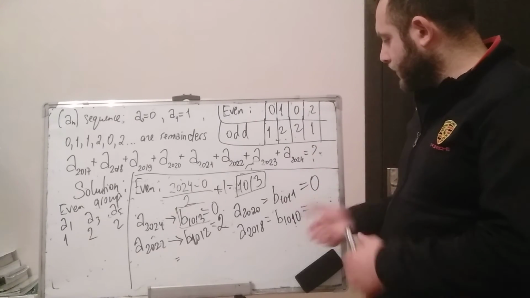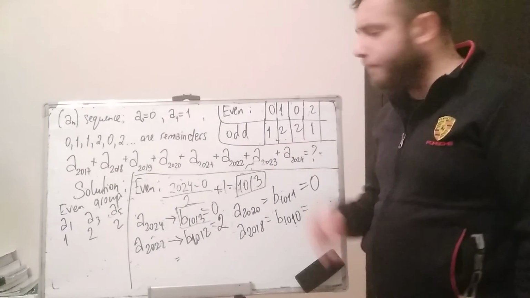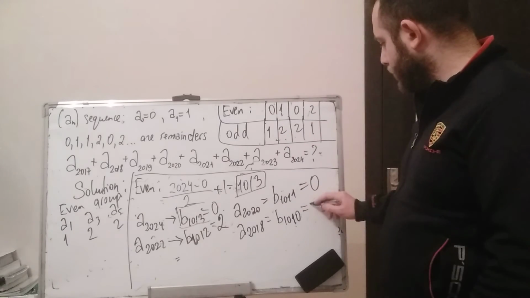And for the other, the remainder is 2. 2 means we take the second, it is 1.